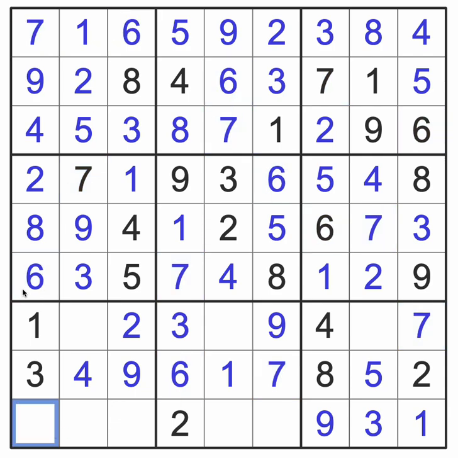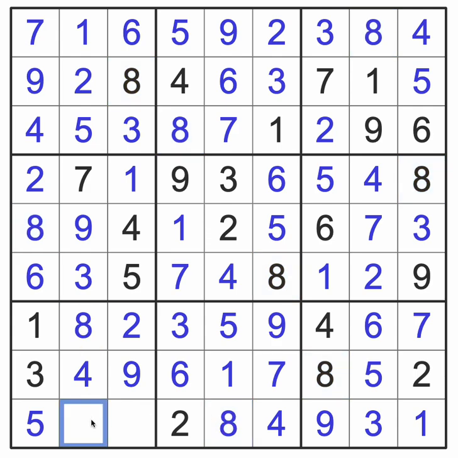The last number of this column is 5, which blocks these, gives me 5. And this is 6. 4, 8, which makes this cell 8. And 6 and 7.